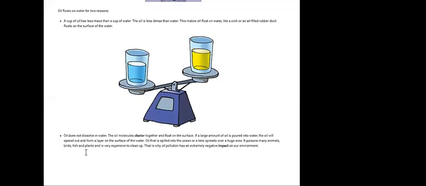Secondly, oil does not dissolve in water. The oil molecules cluster together and float on the surface. If a large amount of oil is poured into water, the oil spreads out and forms a layer on the surface of the water. Oil that is spilled into the ocean or a lake spreads over a huge area.